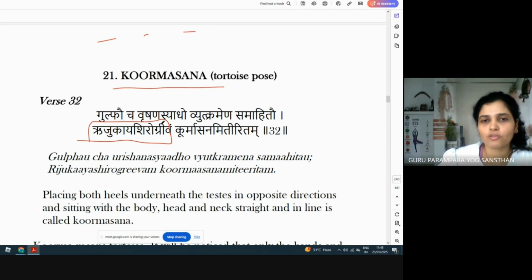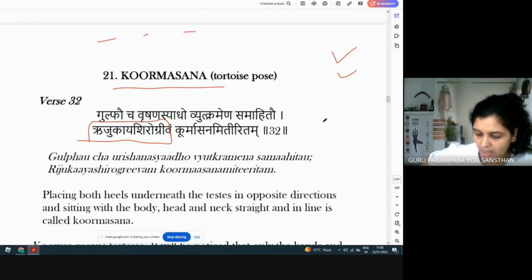Those two words we have used in Muktasana and Swastikasana. Rijukaye Samasi, Swastikasana; Samakaye Shirogrivam, Muktasana; and Rijukaye Shirogrivam, Kurmasana. Please write it. I will repeat one more time.